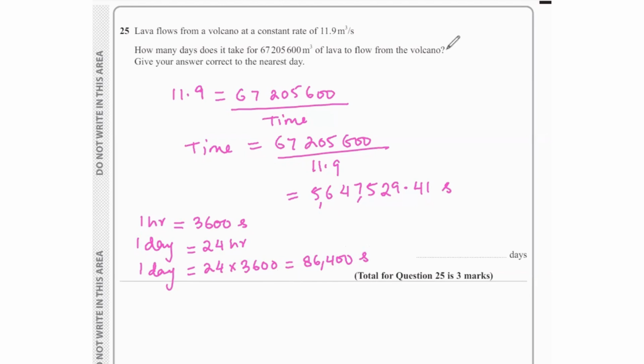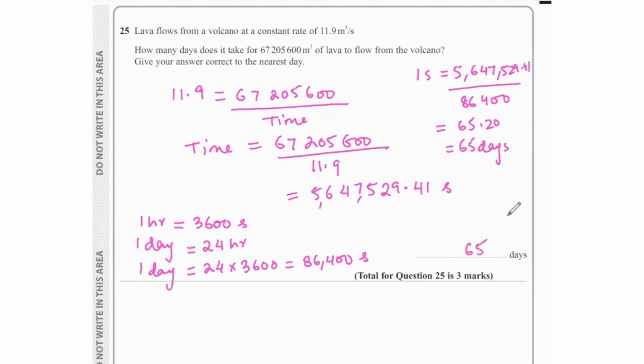Now we divide the time calculated by our number of seconds in a day. That will give us 65.20, which can be rounded to 65 days, correct to the nearest day.